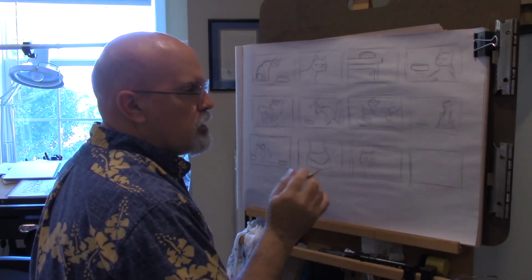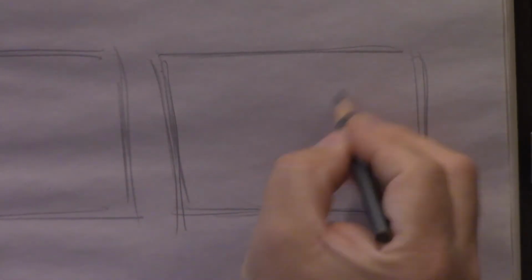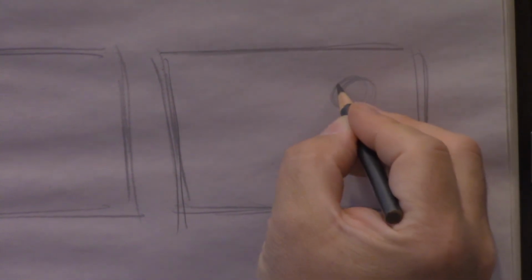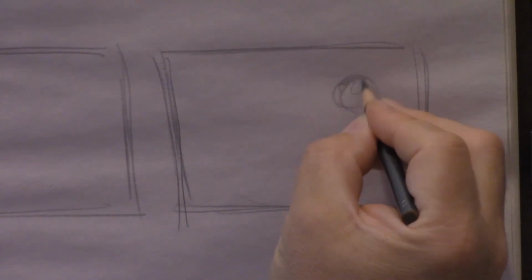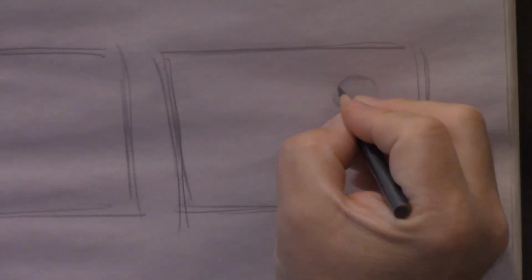Let's see, I want his owner to come home. So he's going to be over here on this side. We're going to do another wide shot. His eyes are going to be open, not just the half moons. He's going to be excited.